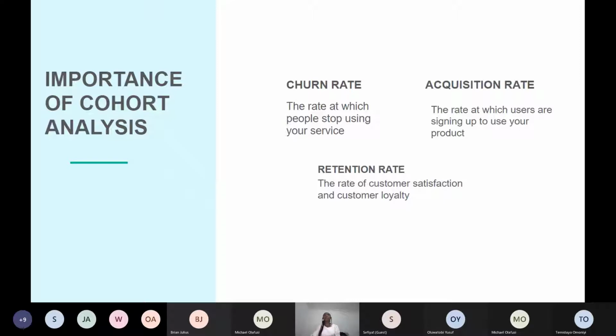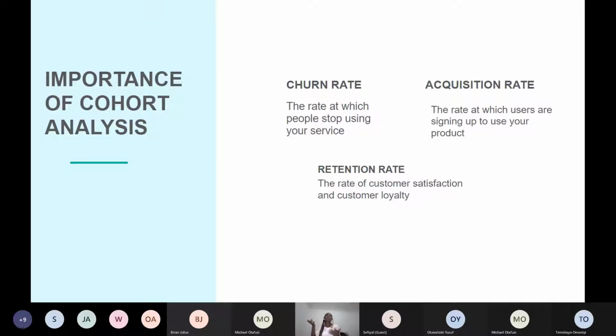But when someone stays with you, when I pay to use your service for the first month, maybe I'm still testing your service because I'm not sure what I'll get. And then I pay to use the service for the second month, it means you're doing well, right? And I pay again for the third, fourth, wow, it means you're actually providing value. So you see the rate at which people are happy with you.